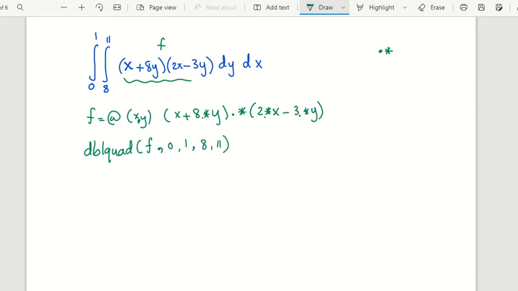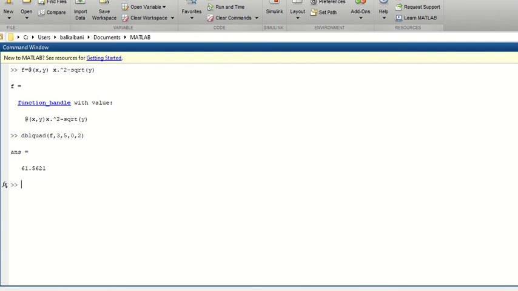So we write it in MATLAB. F is equal to at the rate of x comma y.